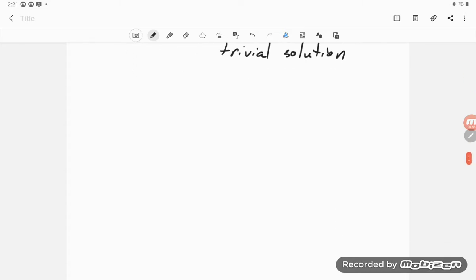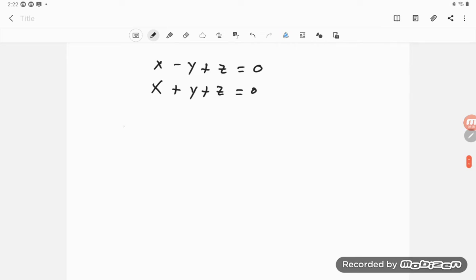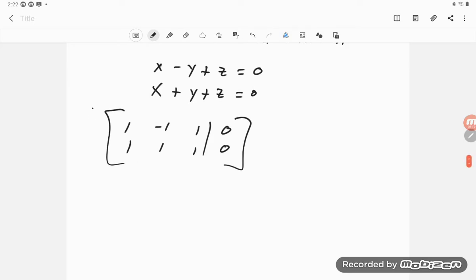But on the other hand, if you have x minus y plus z equals 0, and x plus y plus z equals 0, then once again we have 1, minus 1, 1, 0, and 1, 1, 1, 0. So there's our augmented matrix that we start with.